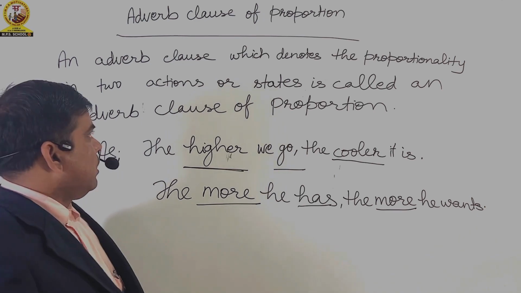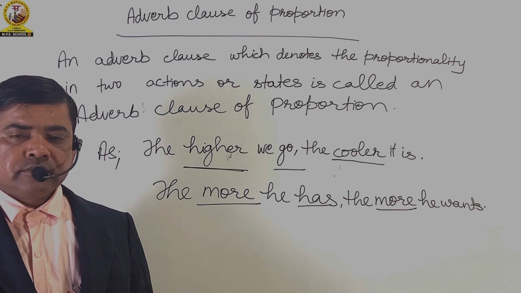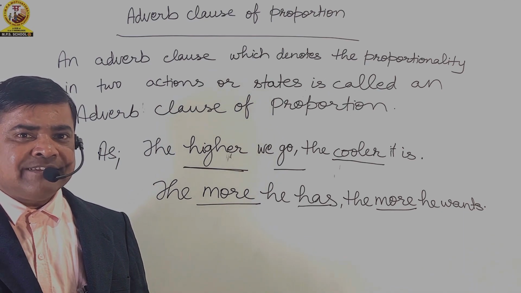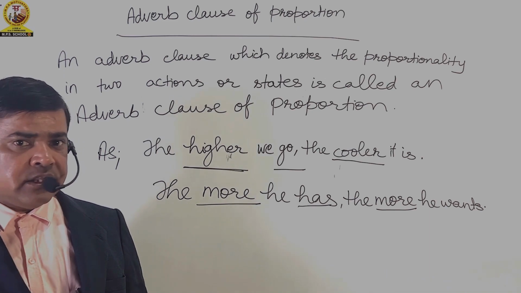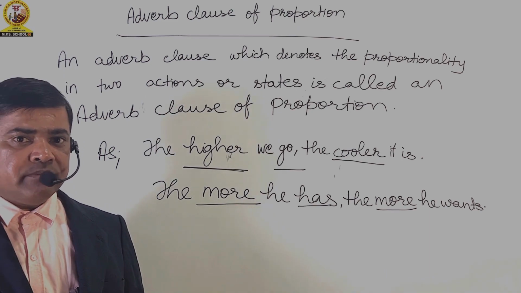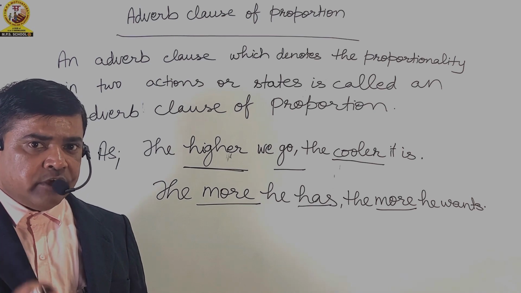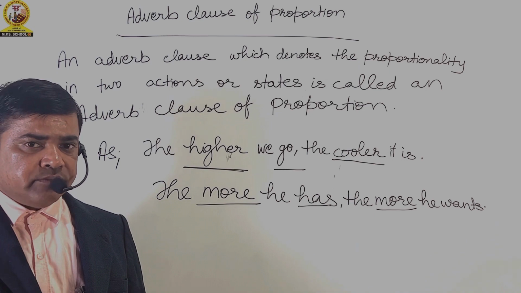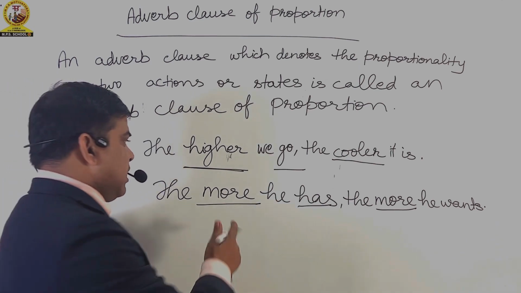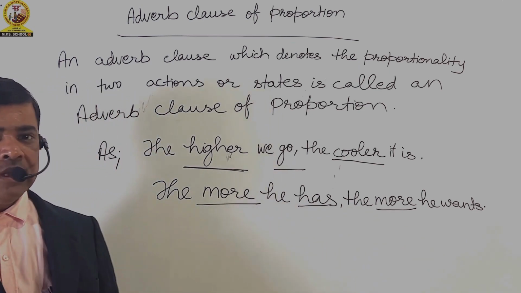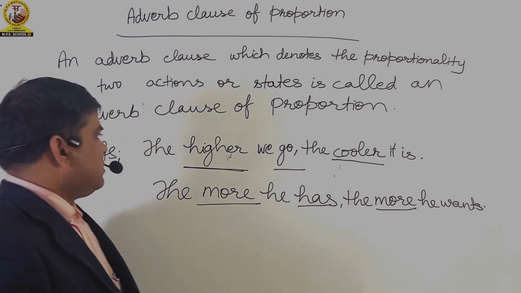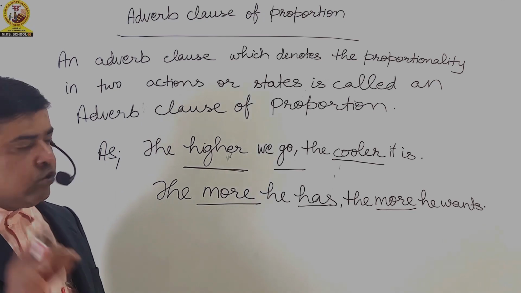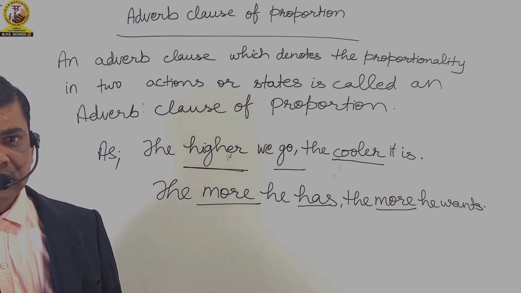So sometimes there may be actions only, and sometimes there may be states only in both the parts of the sentence, and sometimes there may be possession in the first part of the sentence and there may be the action in the second part of the sentence, like in the second example. Here also we can see that the higher we go denotes action, but the cooler it is denotes a state.